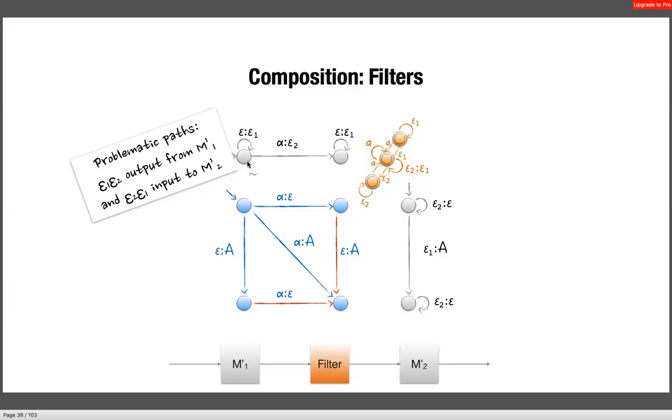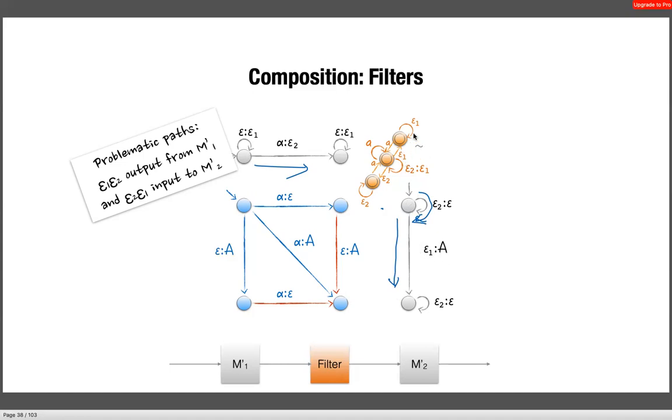Here, what I want to avoid is this implicit move, which is epsilon producing epsilon 1, followed by a real move, which is consuming alpha and then producing epsilon 2. Similarly, here, what I want to avoid is this implicit move, which consumes epsilon 2, produces epsilon, followed by this real move, which consumes epsilon 1, followed by capital A.